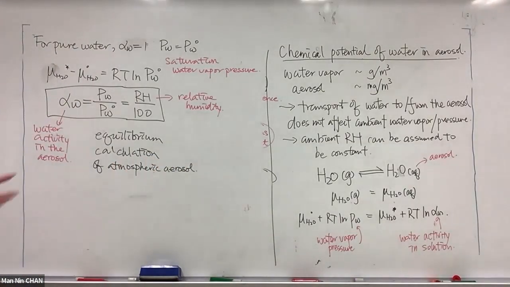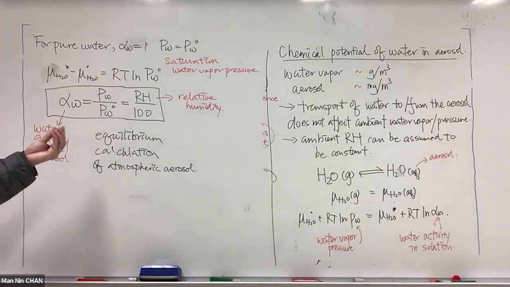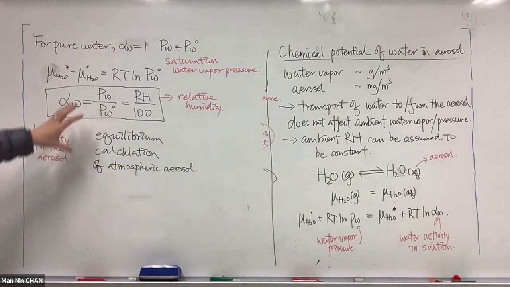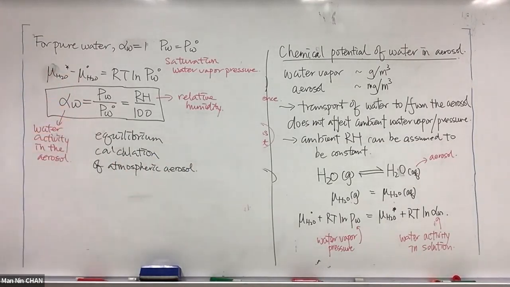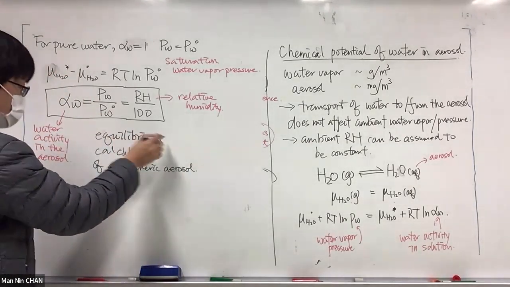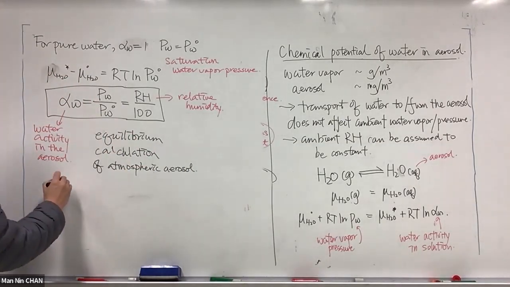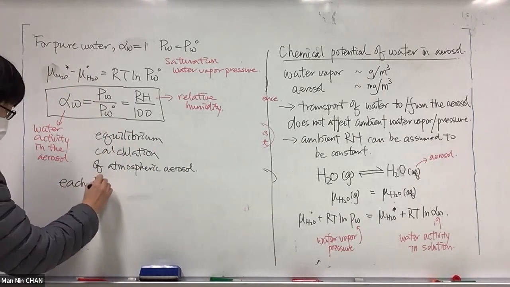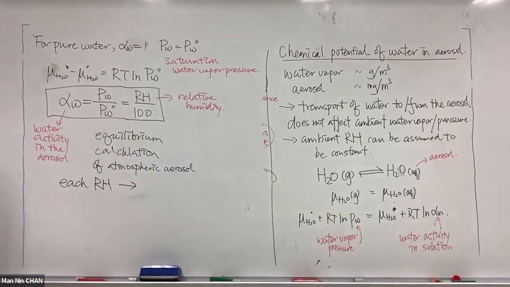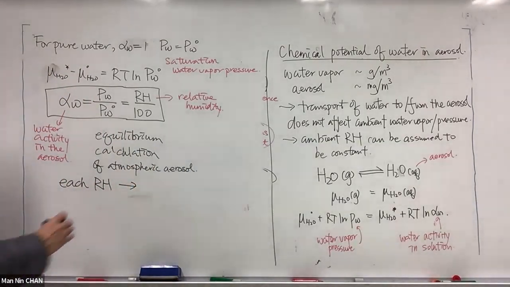You do your simulation, but then you need some parameter to be constrained, or to test whether your result is correct or not. So now you will find that if you don't do this calculation, assuming the equilibrium, you can always find that at a given average in your simulation, you will know that your water activity is fixed.